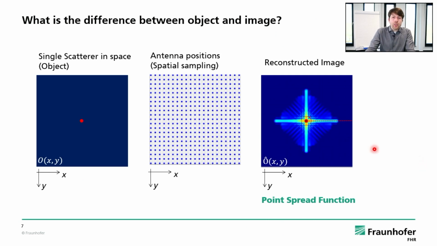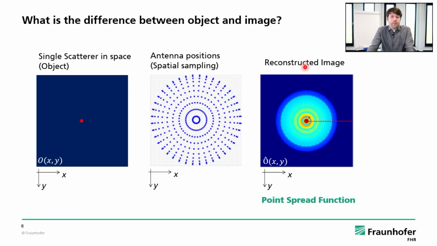The point spread function is a characteristic of our radar, which is depending on the bandwidth, on the sampling positions, on our antenna features. And this is characterizing how well we can resolve. So the narrower the point spread function is, the less the point is spread, the better our resolution. And it's defining our dynamic range, because as you see, you get side lobes, it's smeared. And if there are many points in the image and they're all smeared, you might lose details in neighboring points.